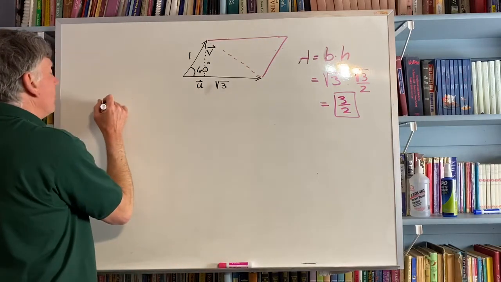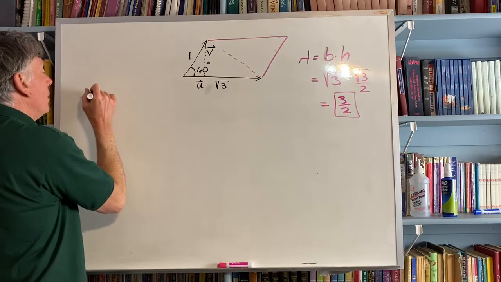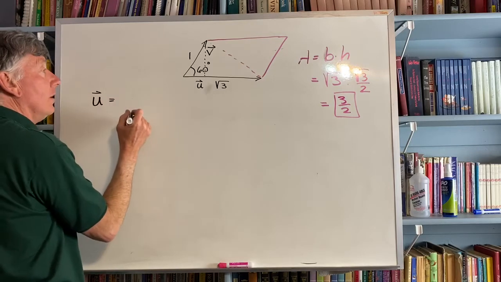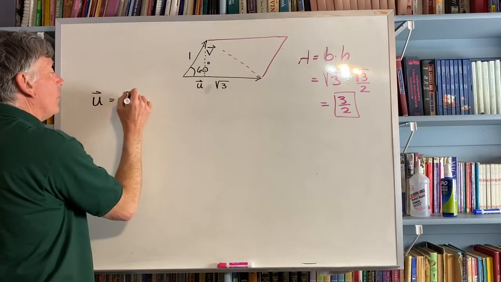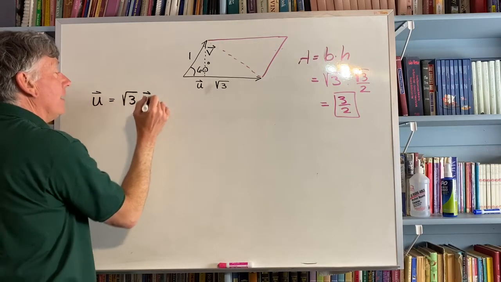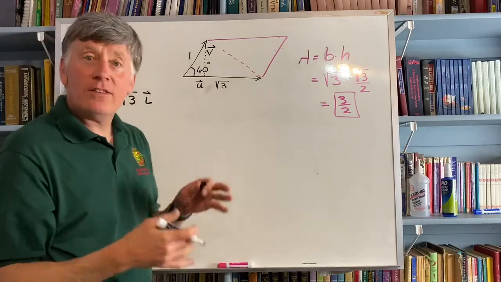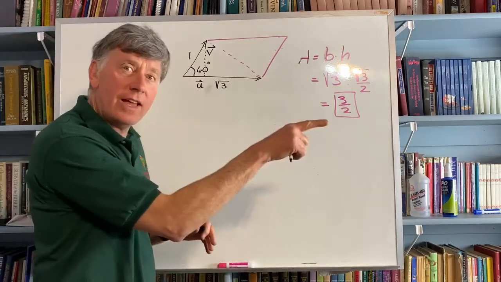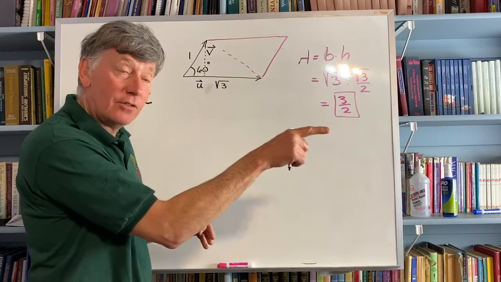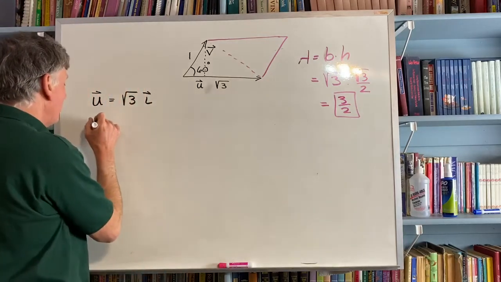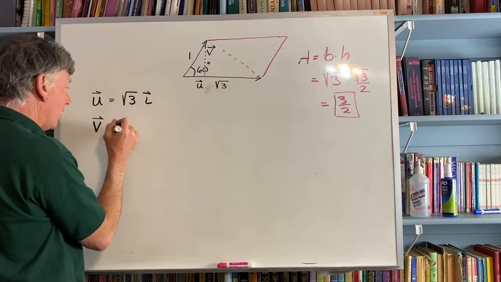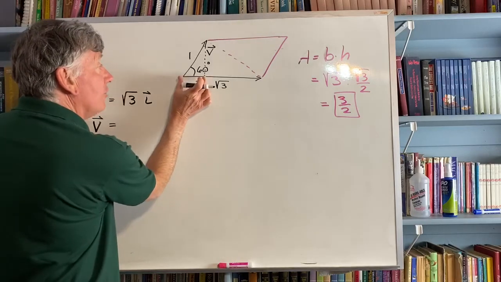My first vector, u, is square root of 3 i. And that's it. No j's, no k's. It's only going in the i direction, the x direction. My v vector is a little bit more complicated, not much.